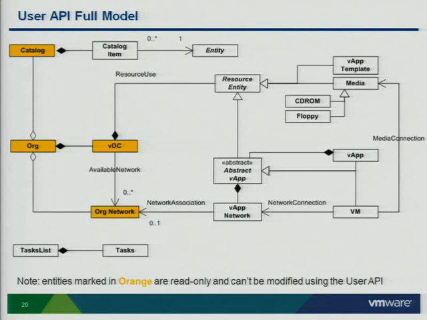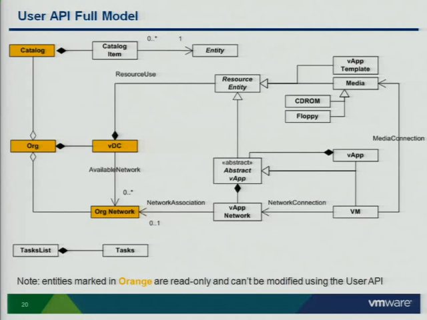And VApps can contain other VApps or VMs. For vCloud API 1.0, we don't allow multiple nesting of VApps, meaning that one VApp can contain only VMs. VApp also has a VApp network, which can be bound to organizational network, or it can be isolated.